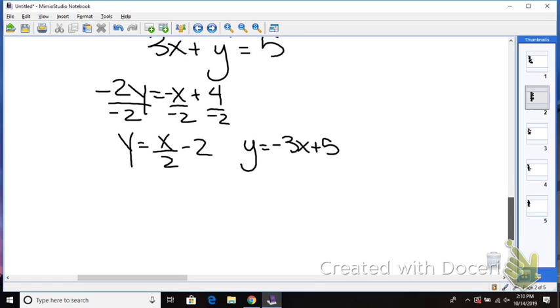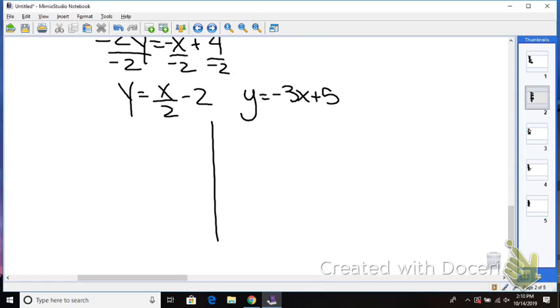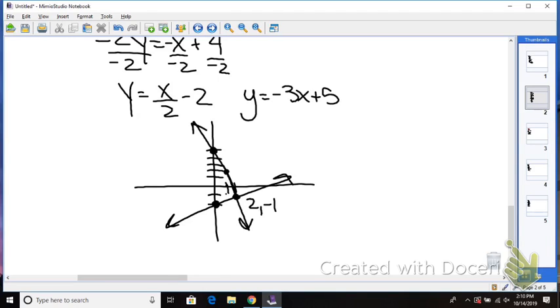Did you guys get it to go to a good, easy point? Positive 2, negative 1. Okay, so I have negative 2, up 1 over 2, and then I have positive 5, down 3 over 1. So 2, negative 1. Everybody good with that?